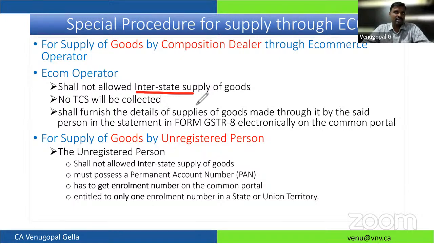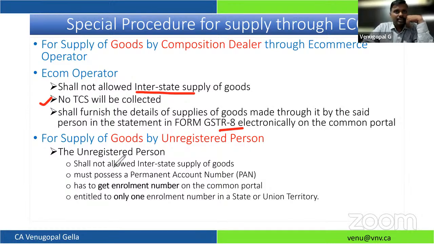And TCS will not be applicable because there is no liability. He is not making a registration and he is not going to pay any GST, right? Wherever the details are applicable, he would be filing statement 8 where TCS is applicable.